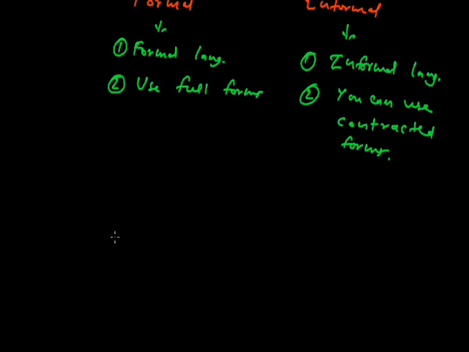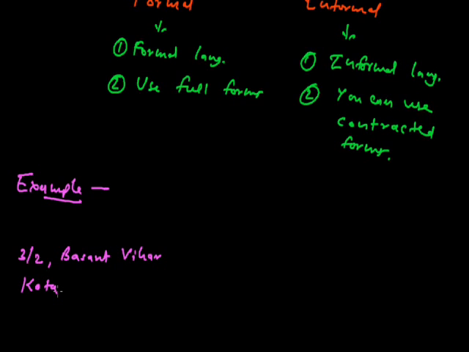So I begin here. We begin it with writing our address on the left hand. So I write my address here. 3/2 Basant Vihar, Kota.